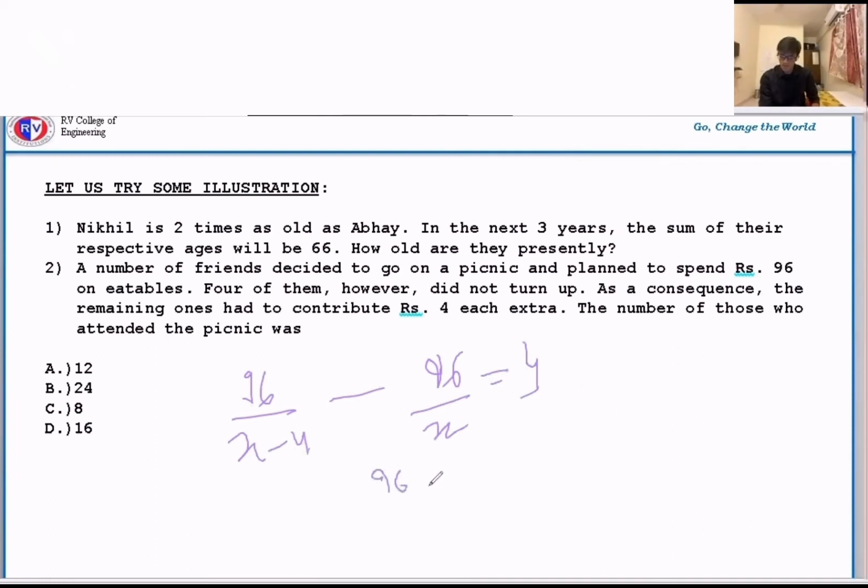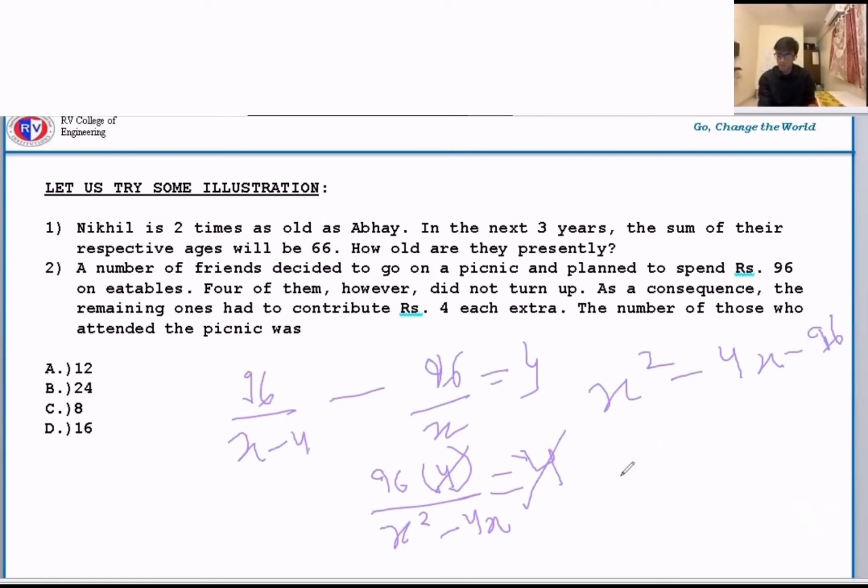96 into 4 upon x square minus 4x is equal to 4. Now this 4 will be cancelled from the LHS part, and thus our final equation would be x square minus 4x minus 96.